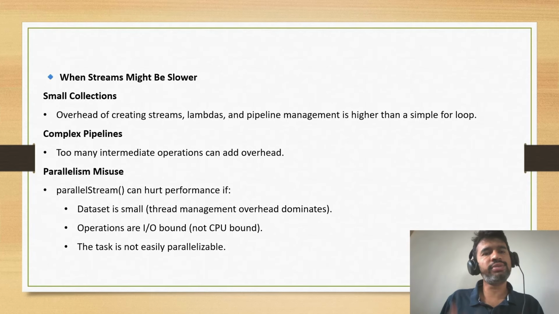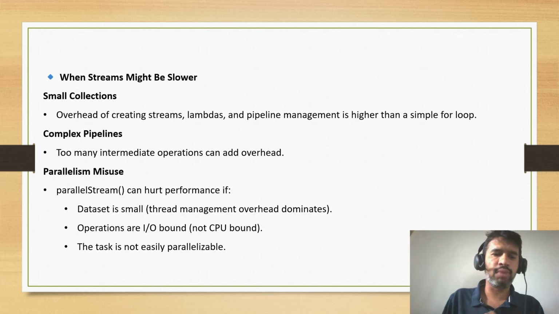So when might streams be slower? If you're working with a small collection, the overhead of creating streams, lambdas and pipeline management is higher compared to simple loops. Sometimes too many intermediate operations can become overhead also. Then there is parallelism misuse: parallel streams can hurt performance if the dataset is small.